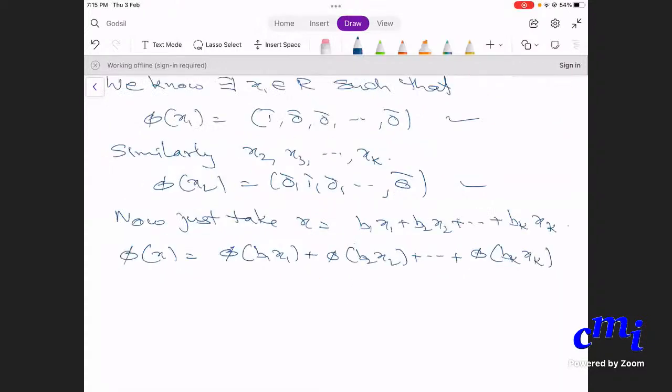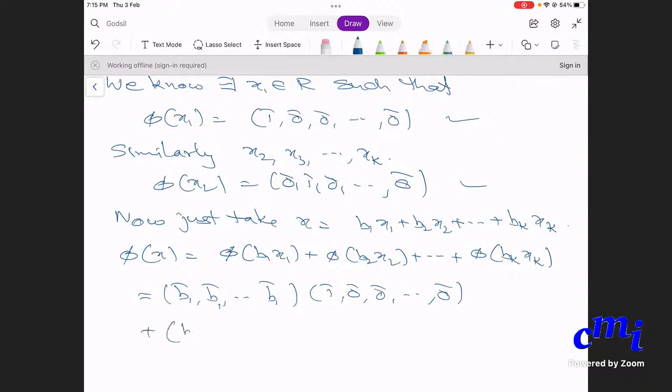Now what is phi of b1 x1? Phi of b1 is b1 bar, b1 bar, all b1 bars. Phi of x1 we chose such that it is 1 bar, 0 bar, 0 bar, 0 bar.